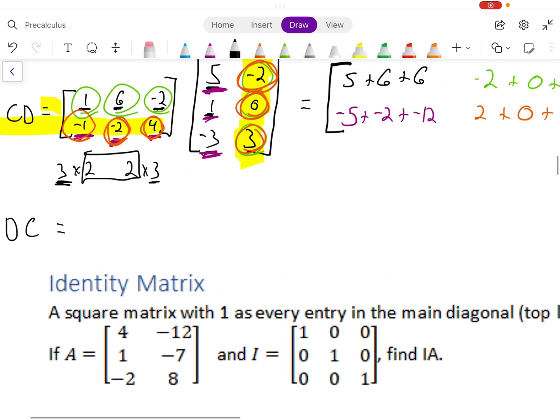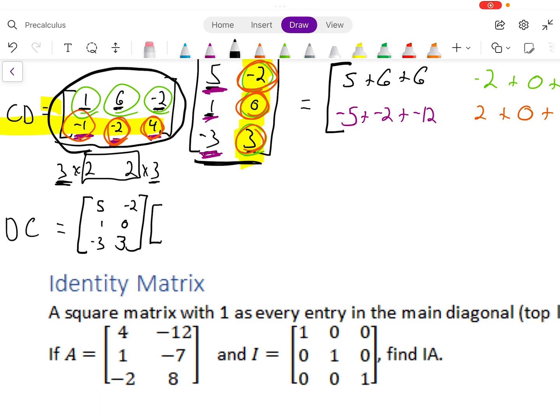So we have D, which I have written here, is 5, negative 2, 1, 0, negative 3, 3, multiplied by C, which is this one, 1, 6, negative 2, negative 1, negative 2, 4.